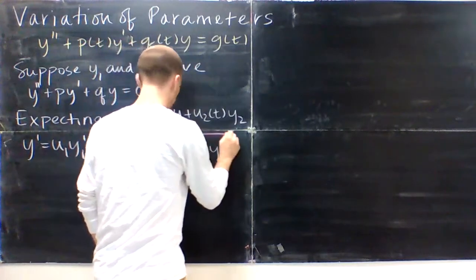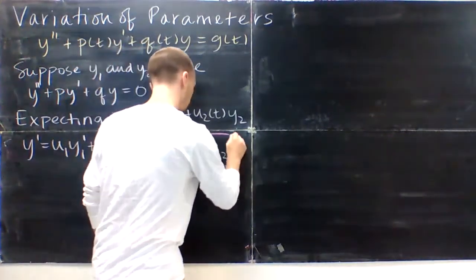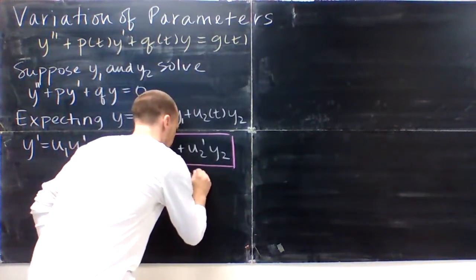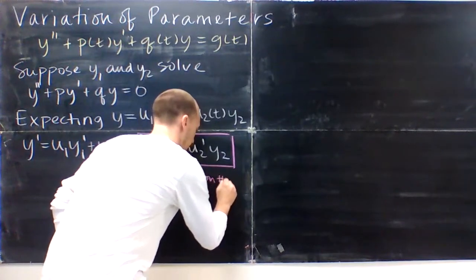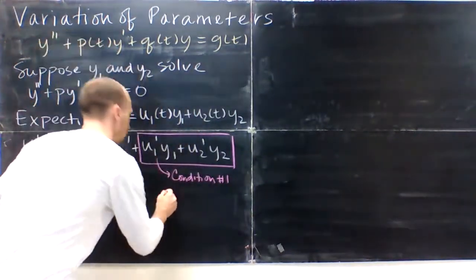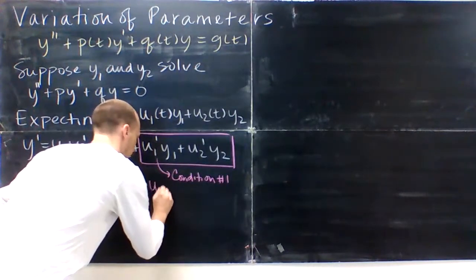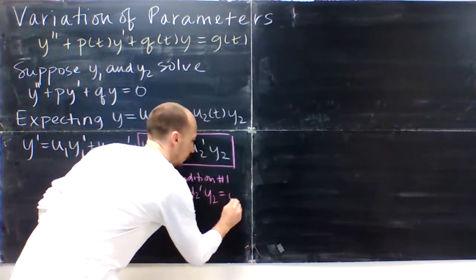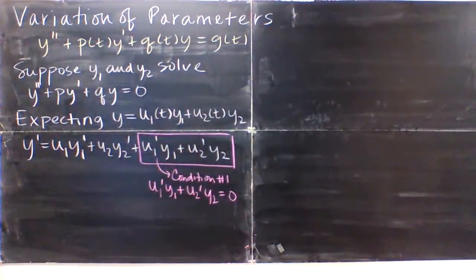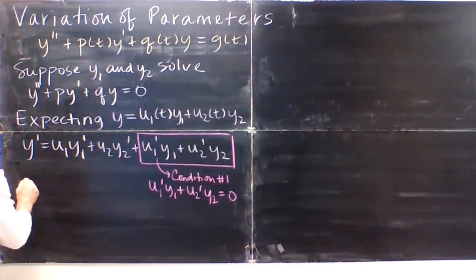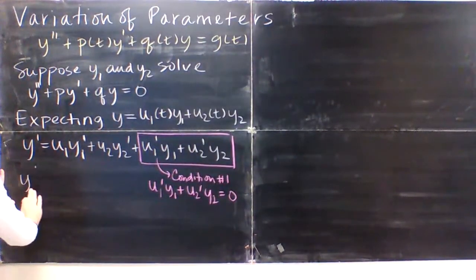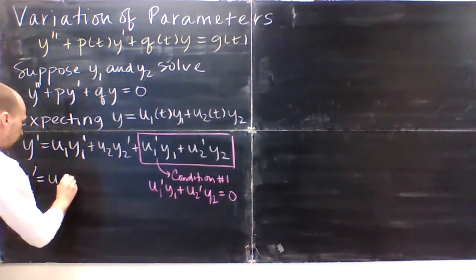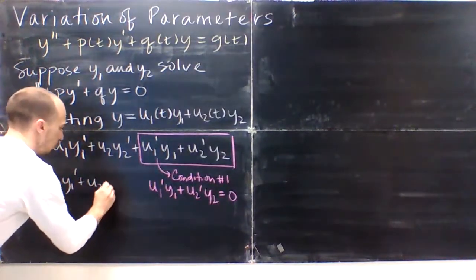So I'm going to impose the condition number 1: u1 prime y1 plus u2 prime y2 needs to equal 0. And that meant that y prime is going to be u1 y1 prime plus u2 y2 prime.